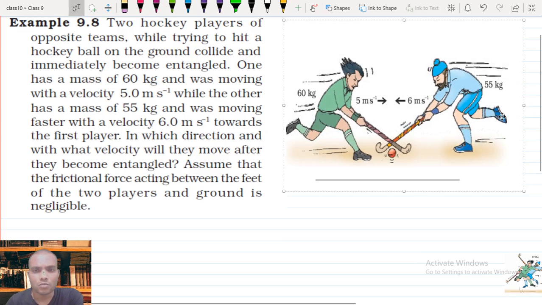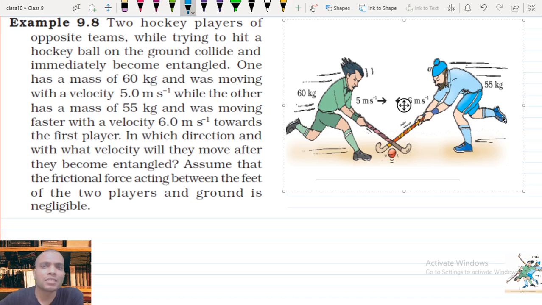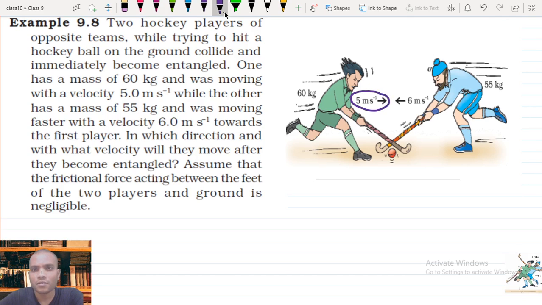These are the two opposite hockey players, moving in opposite directions in the figure. They specified the direction also. 5 meters per second is the velocity of the green jersey player having mass 60 kg, and 6 meters per second is the velocity of the blue jersey player having mass 55 kg.